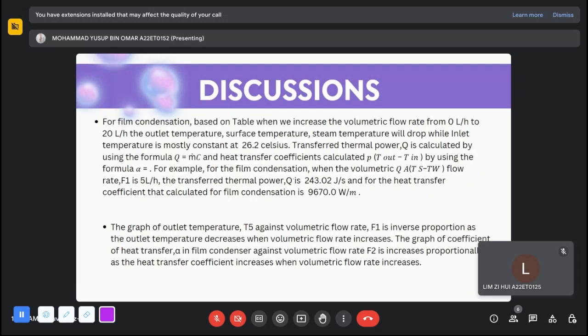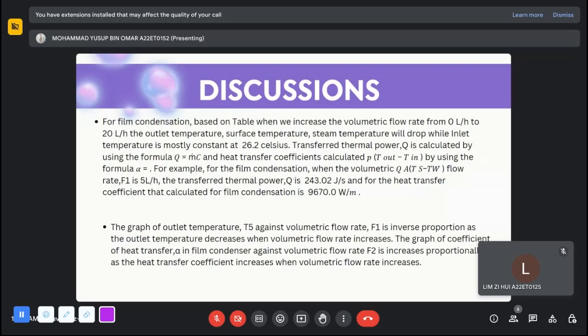For example, for film condensation, when the volumetric flow rate Q over the surface area times the difference of temperature, with flow rate F1 at 5 liter per hour, the transferred thermal power is 243.02 joule per second.